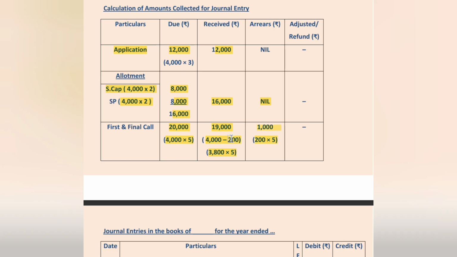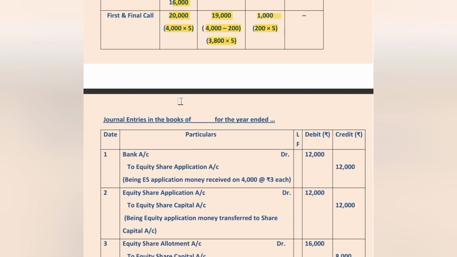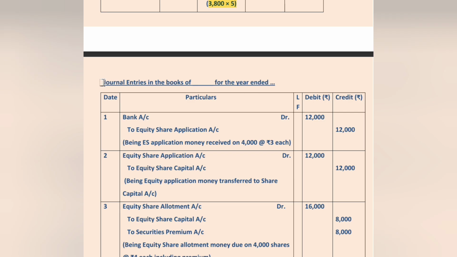Based on the calculation we have to write the journal entry one by one. See here, journal entries in the books of the company. The name is not given, and the year ending is also not given here. So that's why I have not entered anything. What is the format? Date, particulars, LF, debit and credit, right?